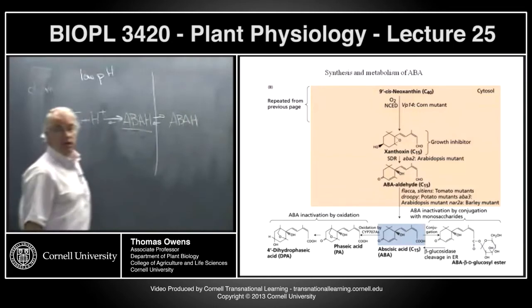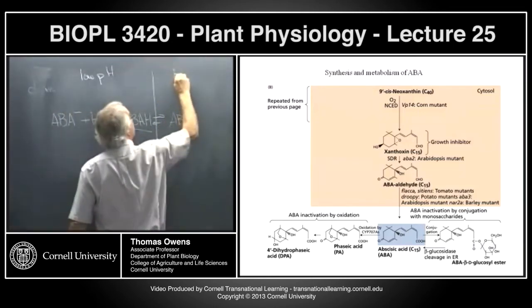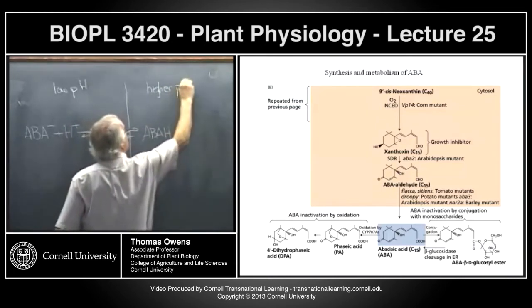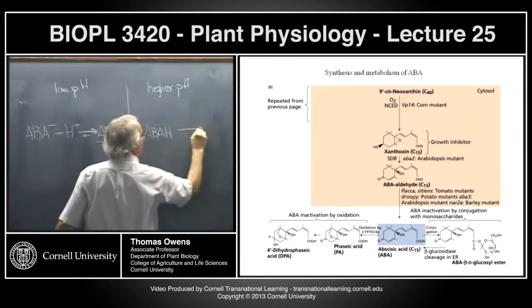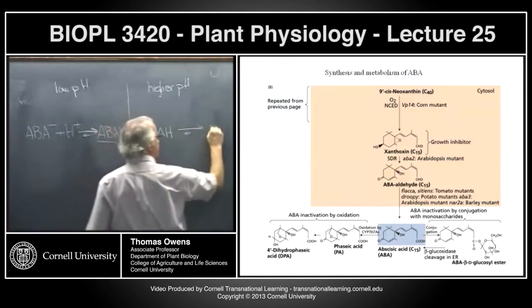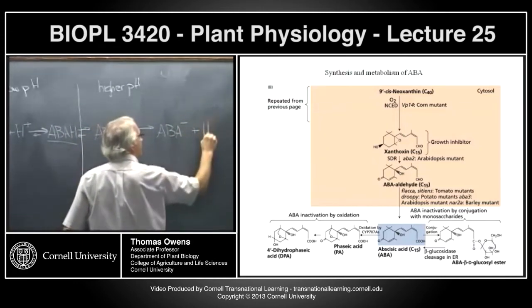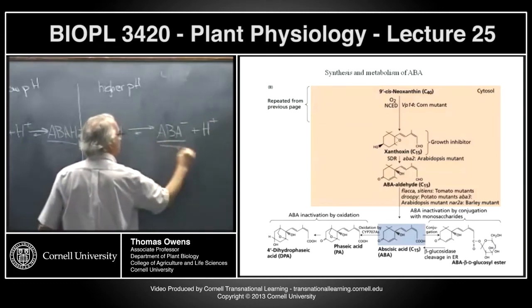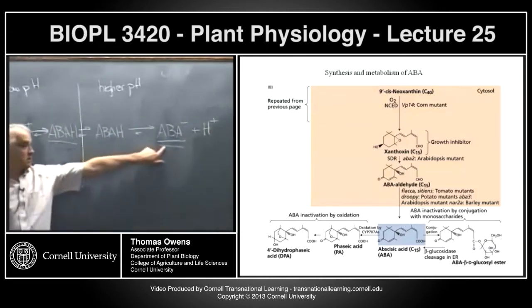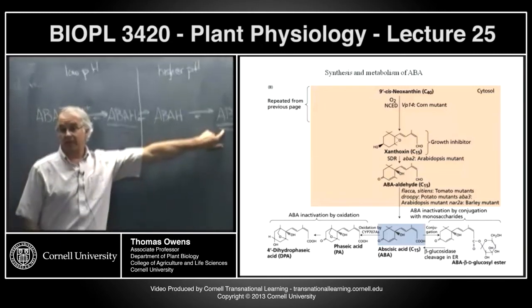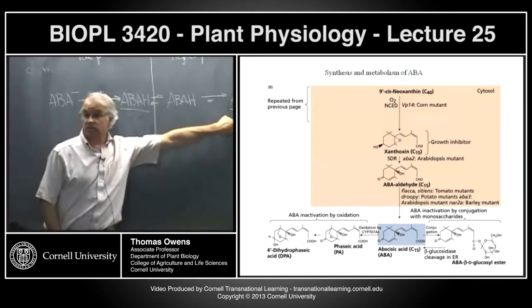Once it gets in the cell, typically the pH in the cell is higher, more basic. So that's going to favor the deprotonation reaction. So in the cells, the charged deprotonated form will dominate, and this cannot cross a membrane.